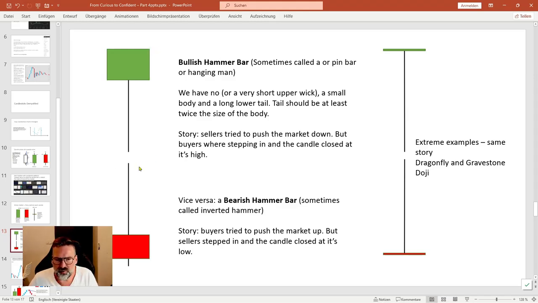And vice versa for the bearish hammer or the inverted hammer here. It started here, buyers tried to push the market up to here, and then the sellers gained control again and sold off the market, and the candle closed near its low.